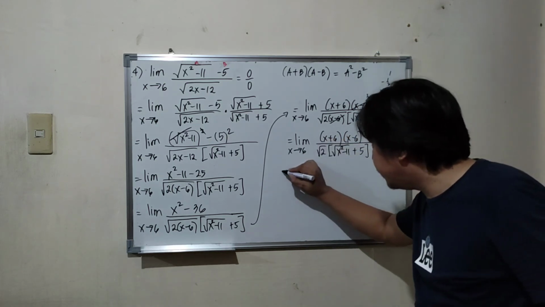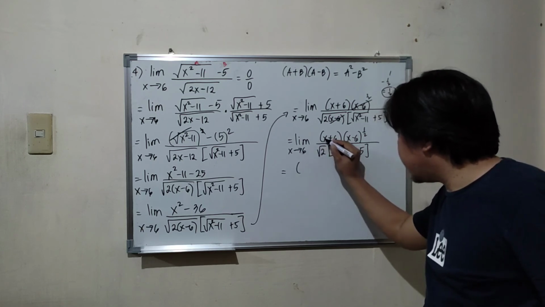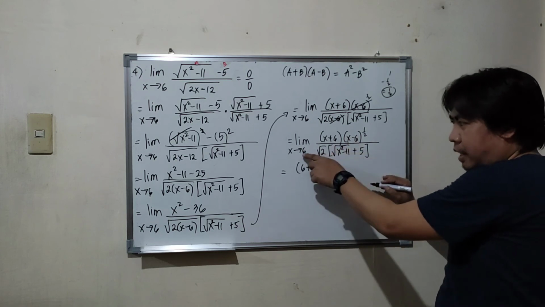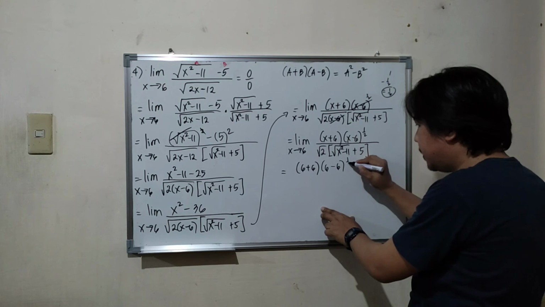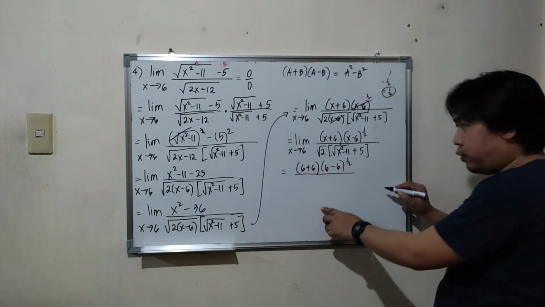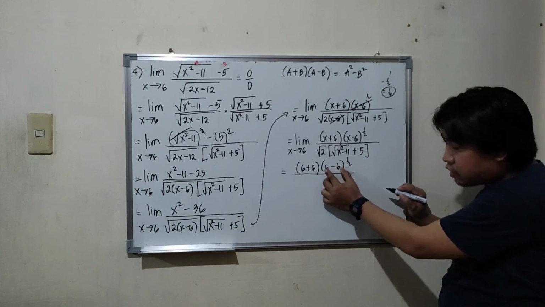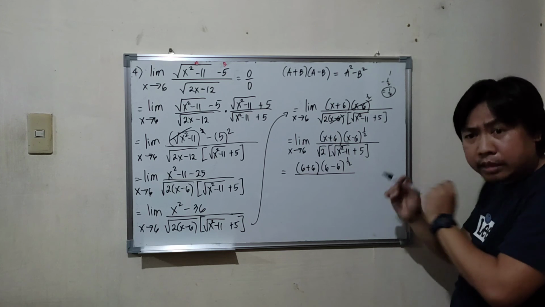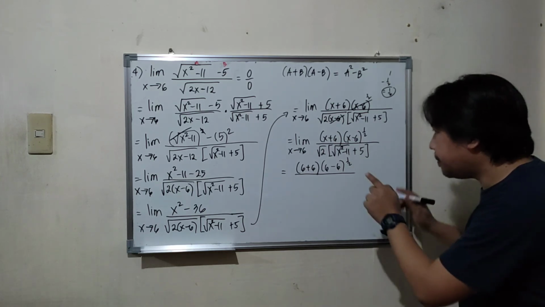So we have 6 plus 6 times, substitute 6 for x, so we have 6 minus 6 raised to 1/2. So as you can see, the numerator will become 0 because of this 6 minus 6, so that is 0. So let us prove that the denominator should not be equal to 0 because again, it will become indeterminate. So let's try.